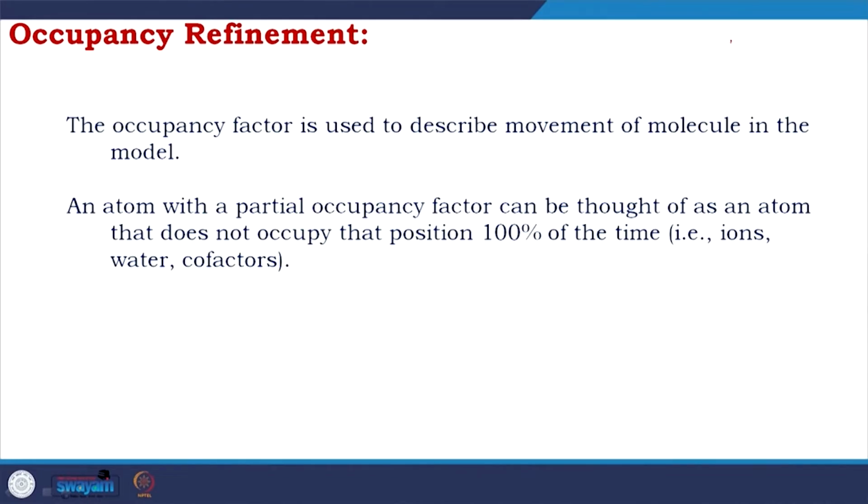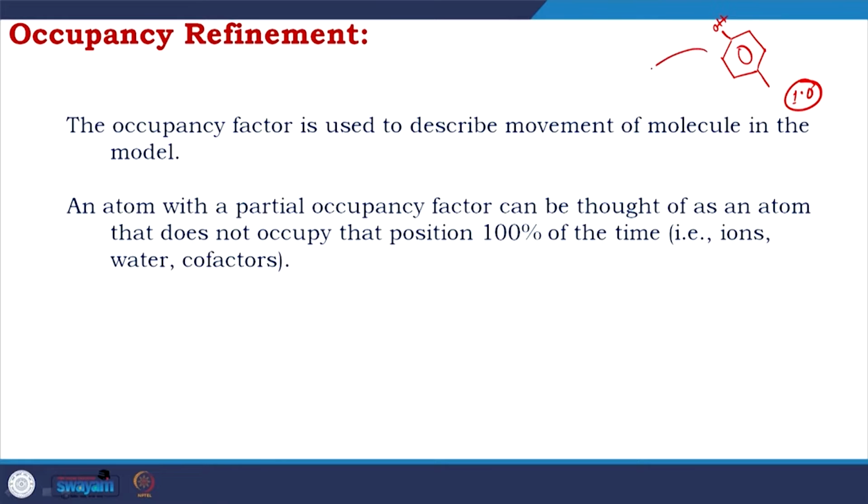Suppose we are talking about a tyrosine. If the tyrosine has one conformer, the occupancy would be 1.0.